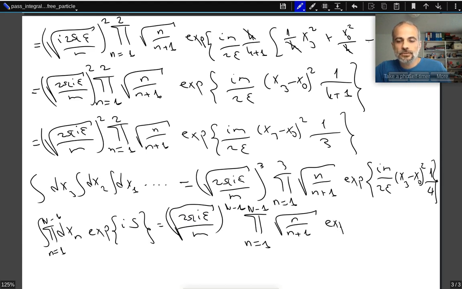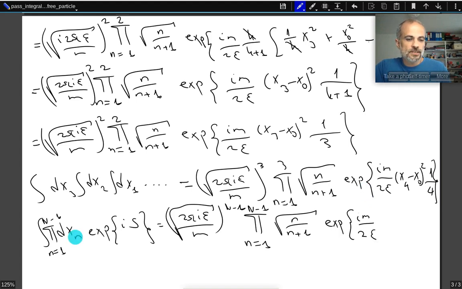And we have the exponent of I m. Well, by the way, this is not x3, this is x4. We are already evaluating the x3 integral. So essentially, it's the next term in this x1, x2, x3, etc. I m over 2 epsilon.